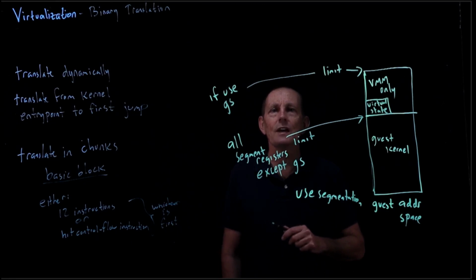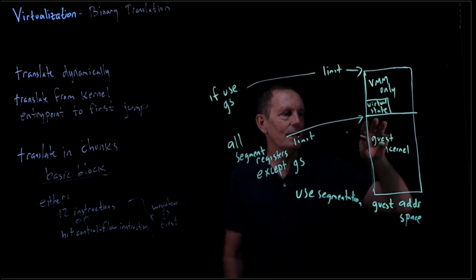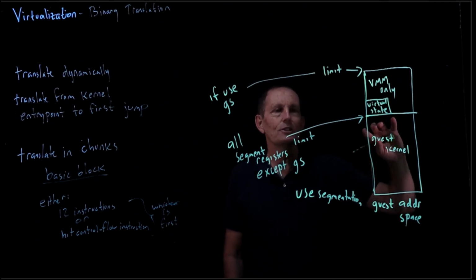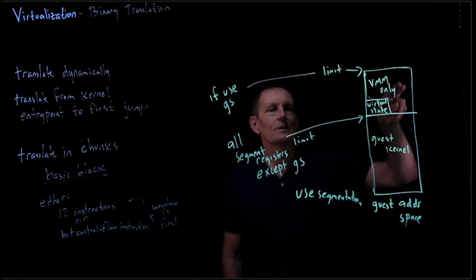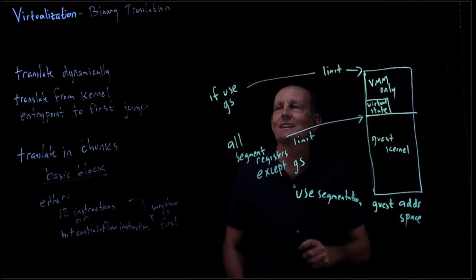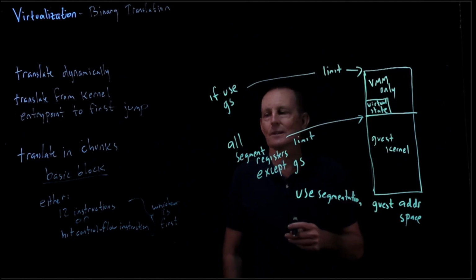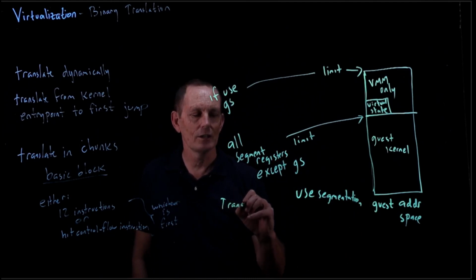So this acts as a limit or a jail in which the kernel runs, so it can't have access to all this VMM code and virtual state, as long as the kernel code doesn't use GS.